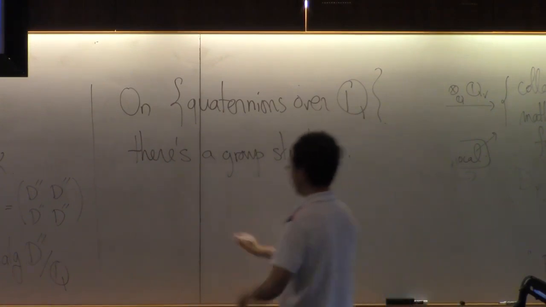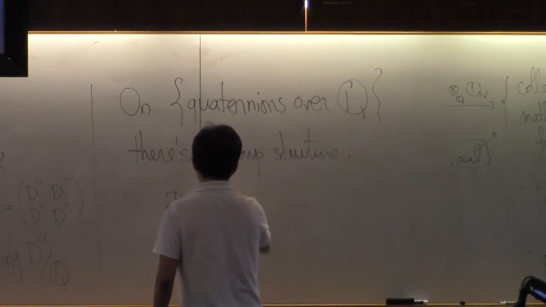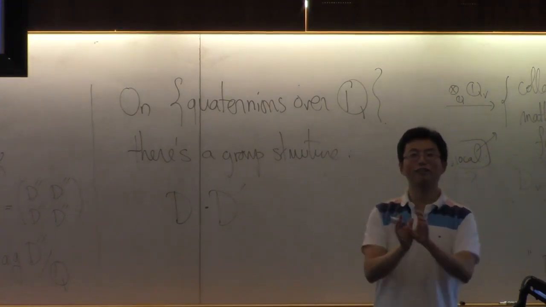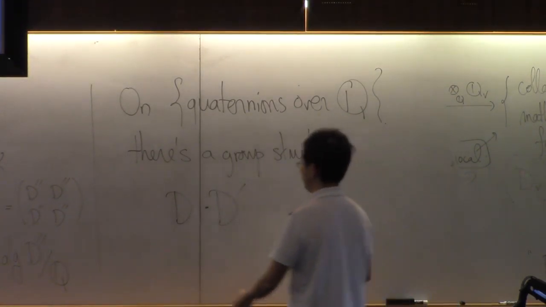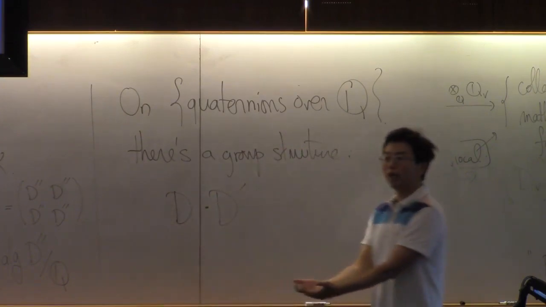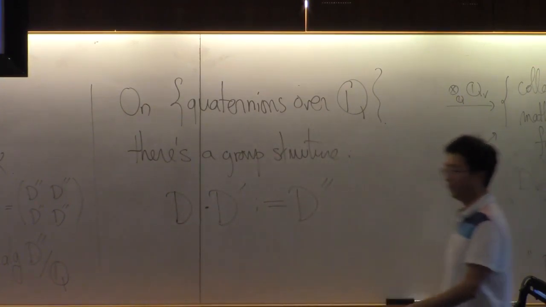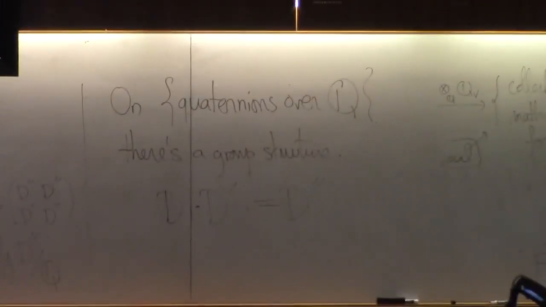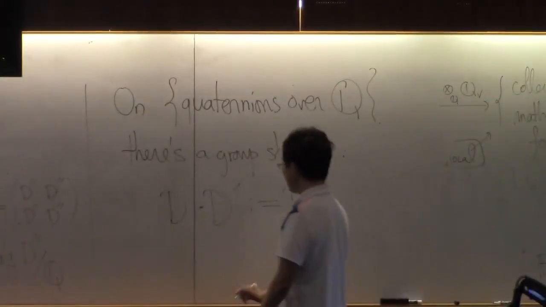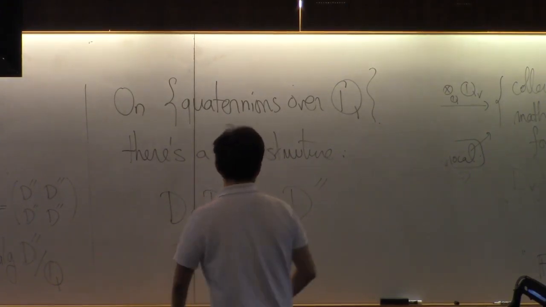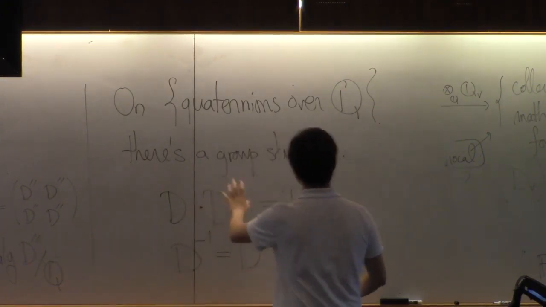Then you just set D times D prime to be D double prime. It's a notation. This is the group structure: you define what the group structure is. For two elements, you're telling me what the product is. And what is the inverse? The inverse is just itself. So it's a sort of 2-torsion.